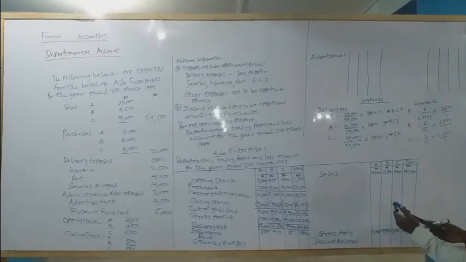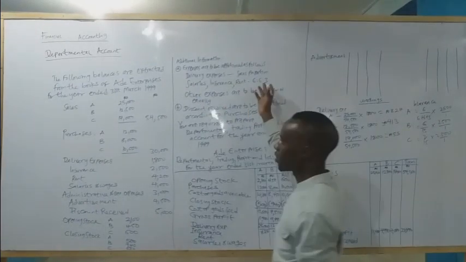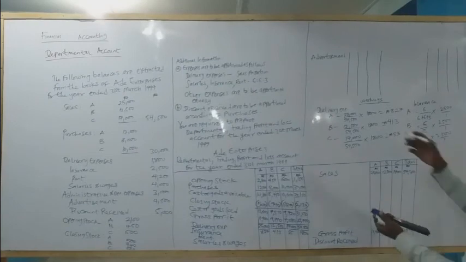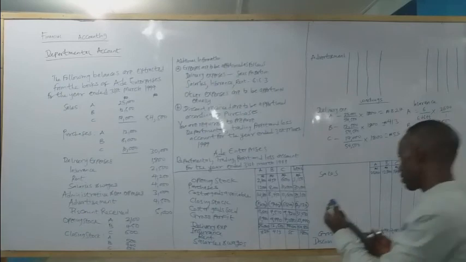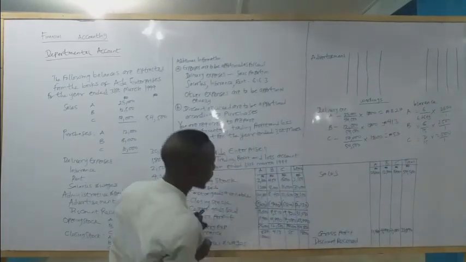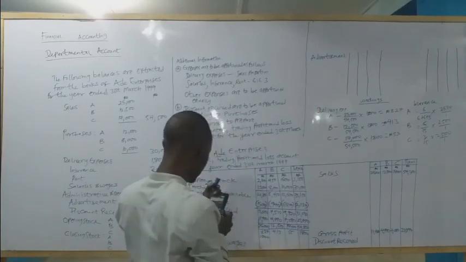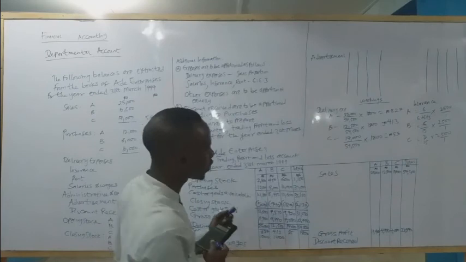So we apportion them. We do the same thing for salaries and rent based on this. So here we have 6 divided by 15 times 2,500, which is 1,000 for insurance. 6 divided by 15 is 1,000 again, since they are in the same ratio.